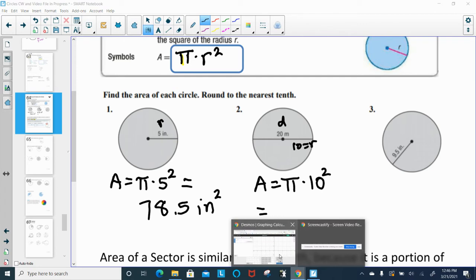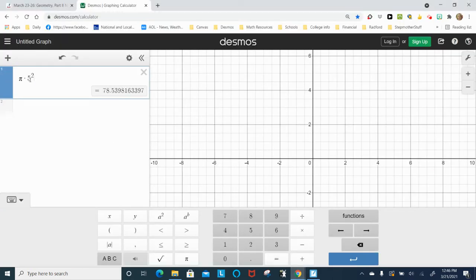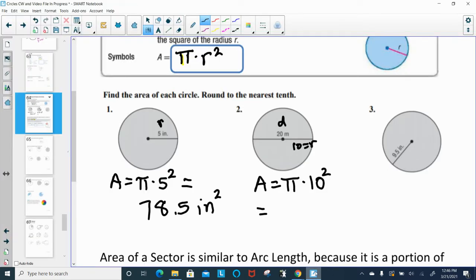Going back over to the Desmos, I'm just going to change this 5 to a 10. All of a sudden, I get a very big number, and really that's because I'm multiplying by 100. 10 times 10 is 100. So that's 314.2, and that's in meters squared, because we squared the radius.